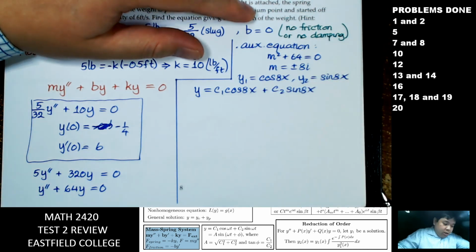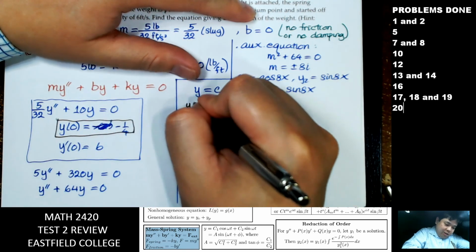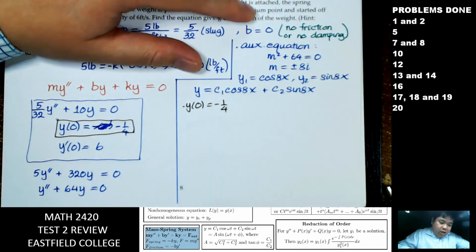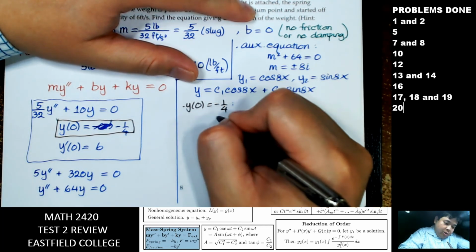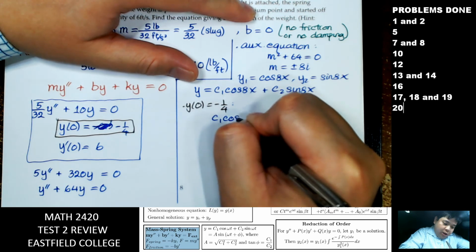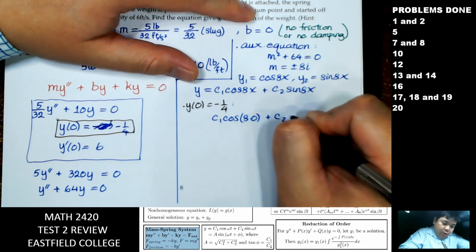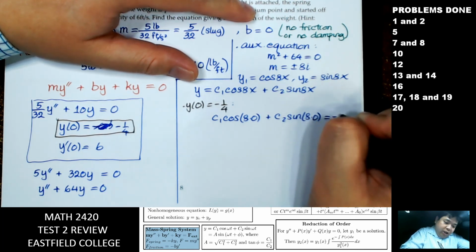Now initial condition, y(0) equal to negative 1/4. We put in 0, so C1 cosine of 8 times 0, plus C2 sine of 8 times 0 equals negative 1/4.